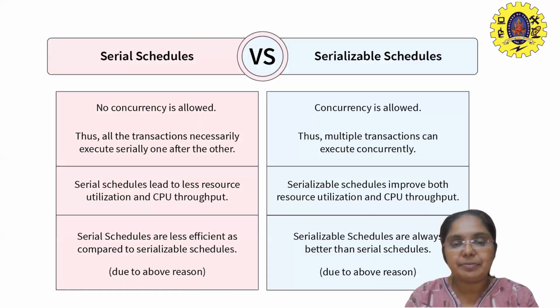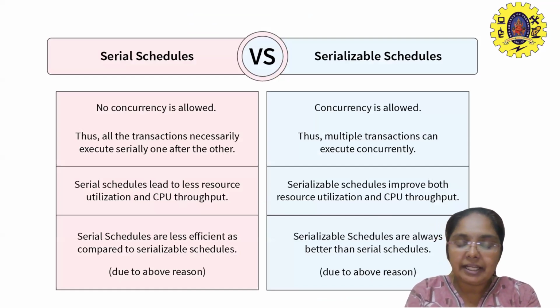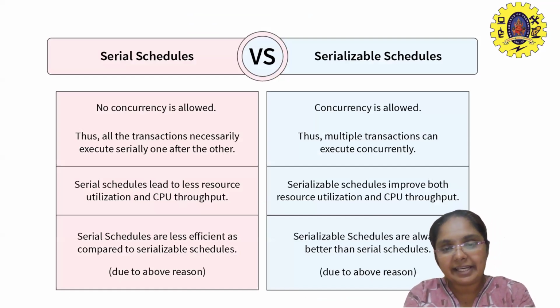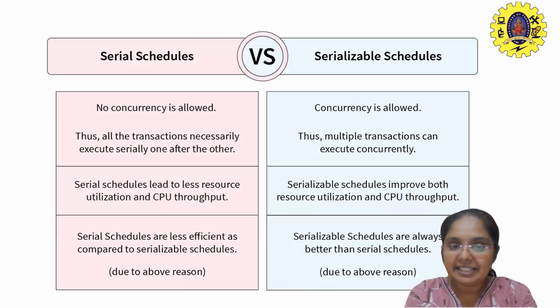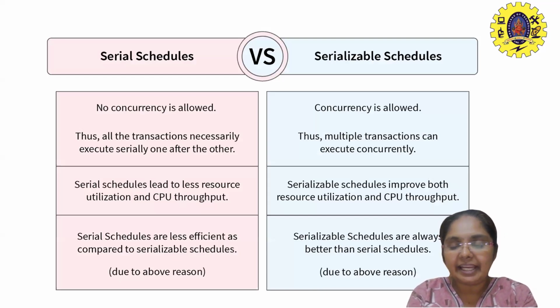What is the difference between serial schedule and serializable schedule? In a serial schedule, there is no concurrency allowed, but in a serializable schedule, concurrency is allowed. In a serial schedule, all the transactions execute one after another, but in a serializable schedule, multiple transactions can execute concurrently or simultaneously. A serial schedule leads to less resource utilization and lower CPU throughput rate.